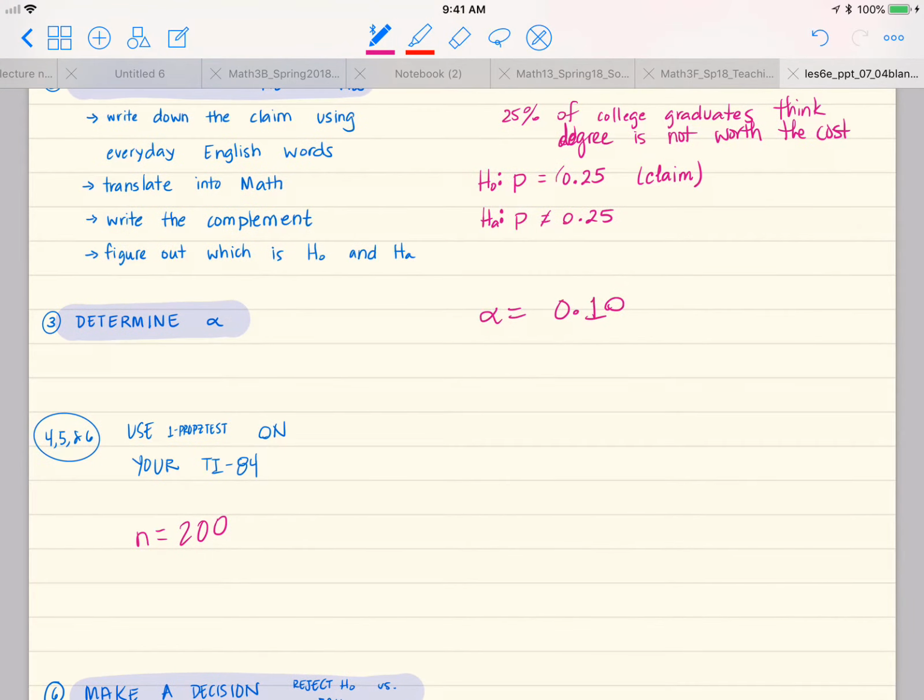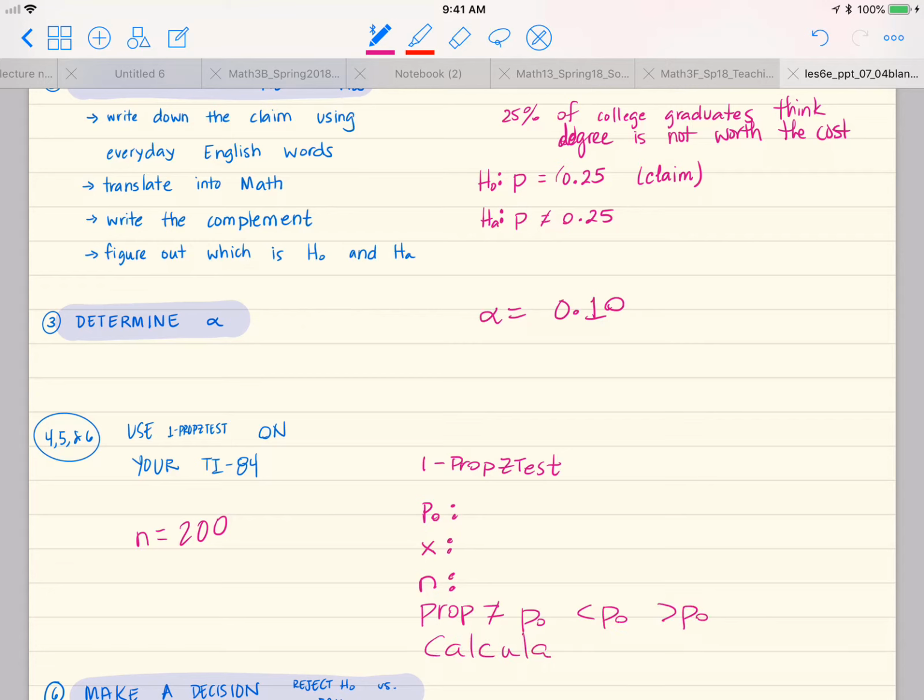Okay, so here we go. We go to stat, go over to tests, go to one prop z-test. For me, that's number 5. And here's what it says in my calculator. It's got the one prop z-test, of course, and then it's got P naught, and then it's got X, N, and then it has prop not equal to P naught, less than P naught, greater than P naught, and then calculate, and then draw.